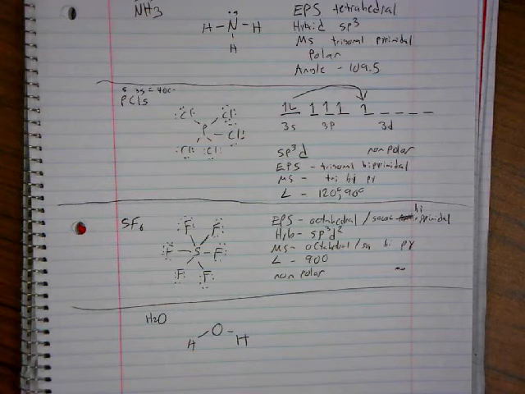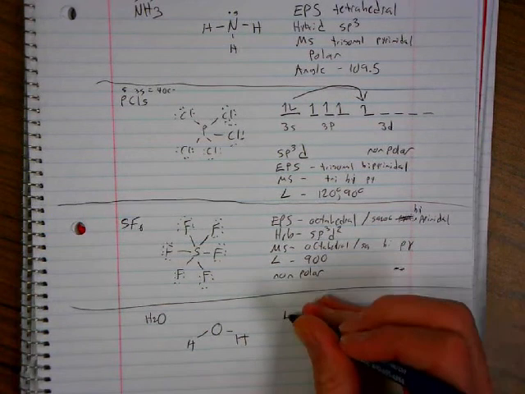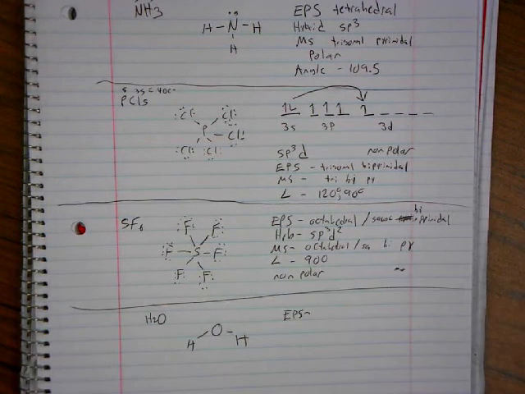All right? So my electron pair structure. This is where the electrons are. How many total electron pairs do I have connected? 4, right?